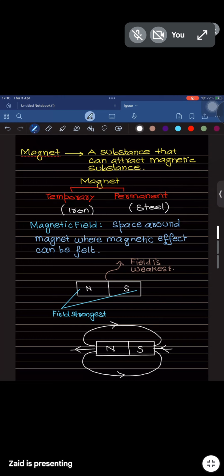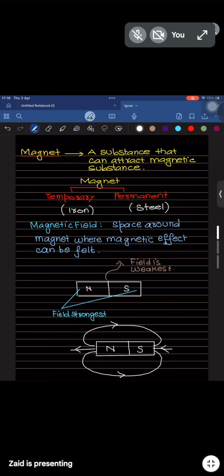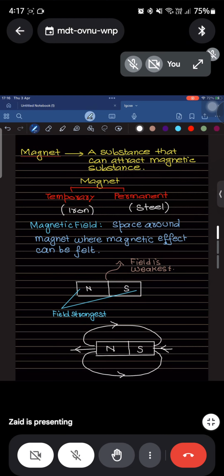The magnetic field is strongest at the poles and is weakest at the center. The magnetic field lines come from the north and they enter towards the south. Any confusion so far? Okay, perfect.